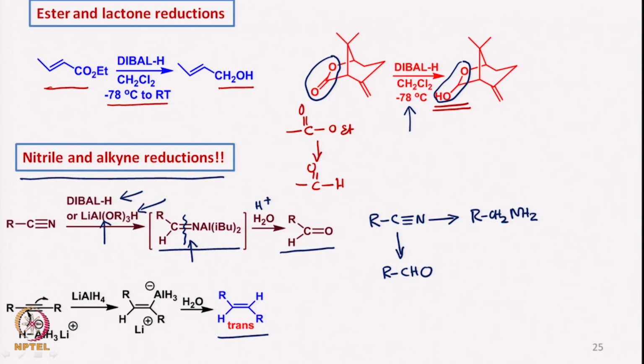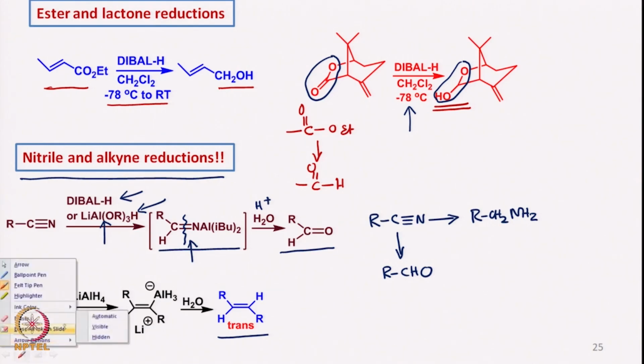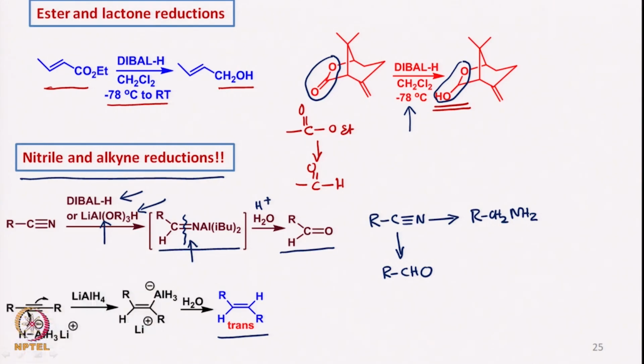As a result, if the hydride is attacking from the lower side, then the corresponding shift of electron density occurs from the top, and therefore the negatively charged part of the molecule grabs the AlH3 to form this AlH3 carbon bond here with a negative charge on aluminum. When this is quenched with water in the presence of, say, H plus, then you break the carbon aluminum bond and have the hydrogen coming here, which leads to the trans olefin.